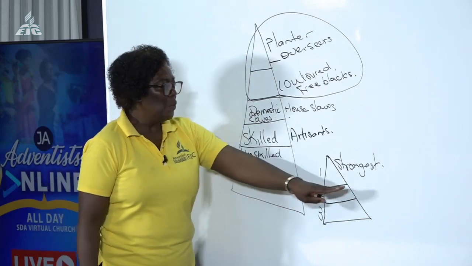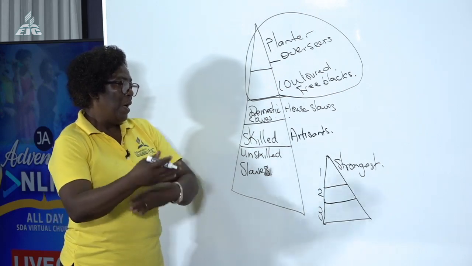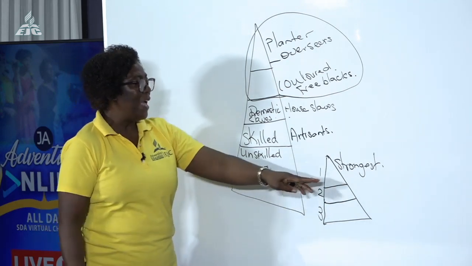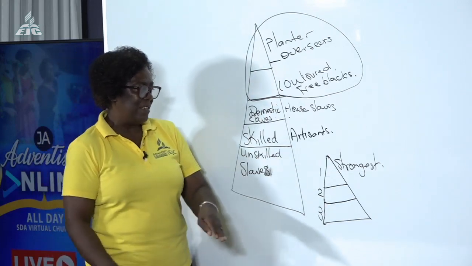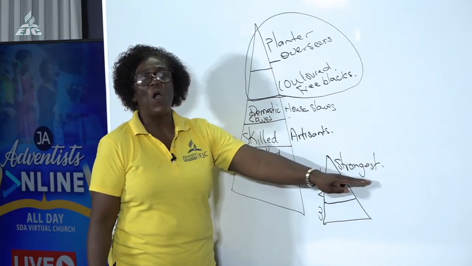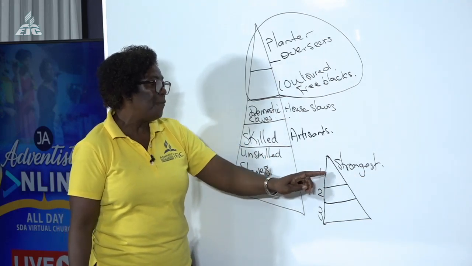This woodland area was secured to grow lumber to make furniture, as well as to make other things on the plantation, as well as for fuel. So the strongest of the slaves would be in the first gang.